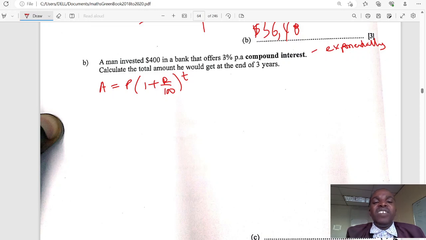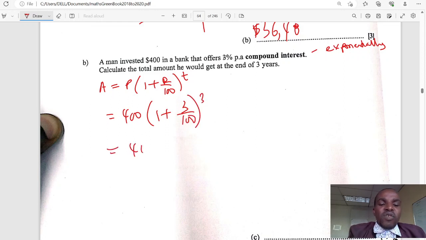So they said a man invested 400, that's the principal, in a bank that offers 3% per annum compound interest. That's R. Calculate the total amount you would get at the end of 3 years. So invested 400, that's P. 1 plus R is 3 over 100, then over 3 years. So it will be 400 times 1.03 to the power 3.